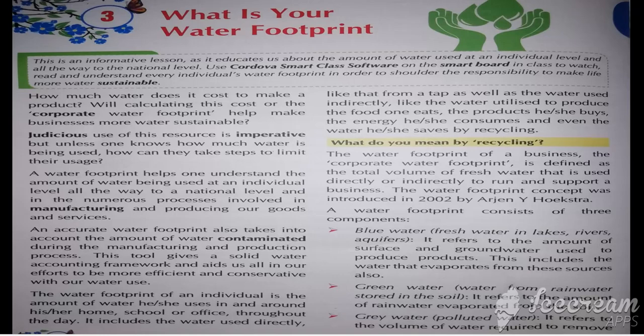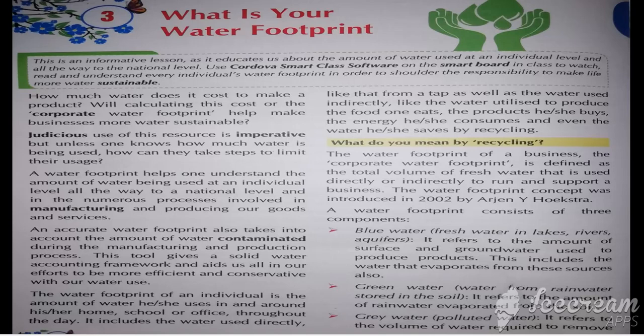An accurate water footprint means the actual water footprint also takes into account the amount of water used for the contaminated. Contaminated also means how much water we are using in the process of waste during the manufacturing and production of a particular product.